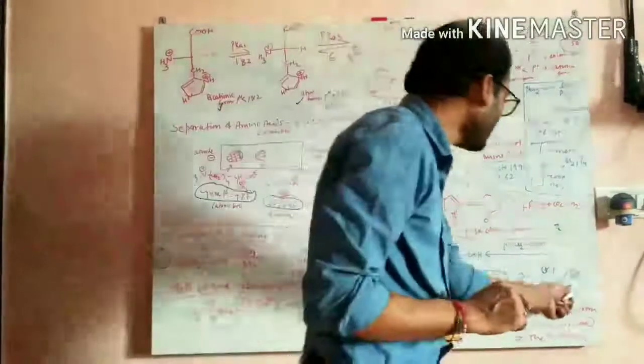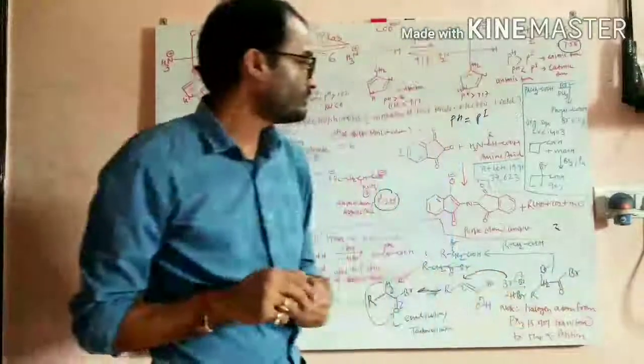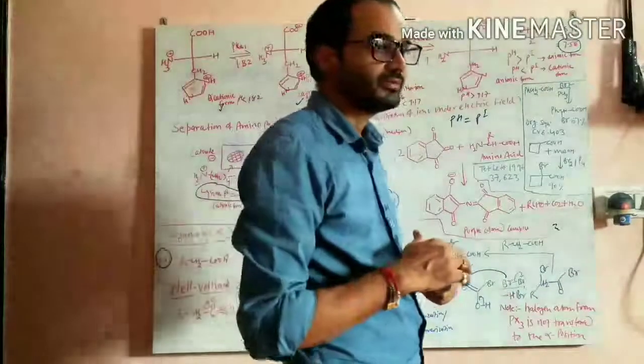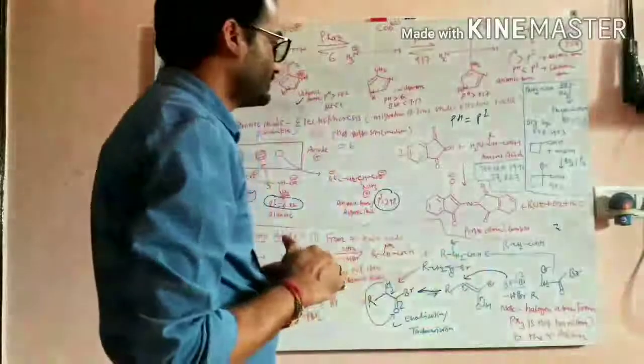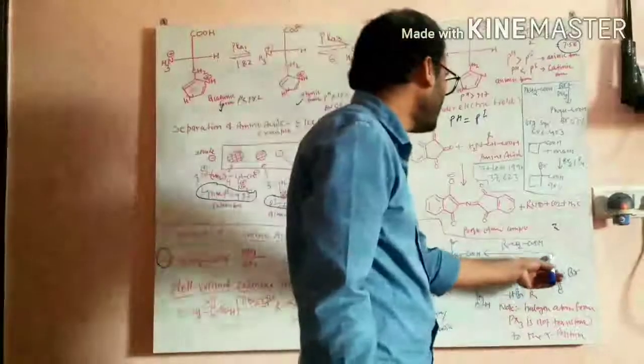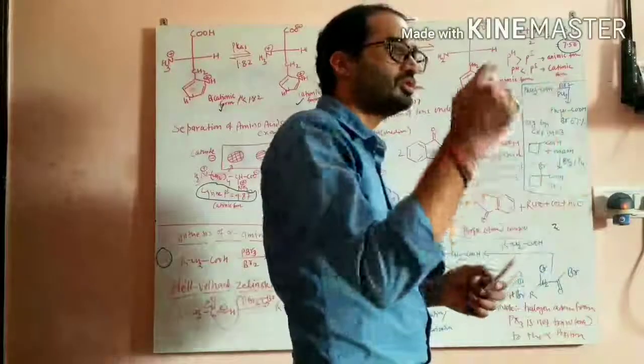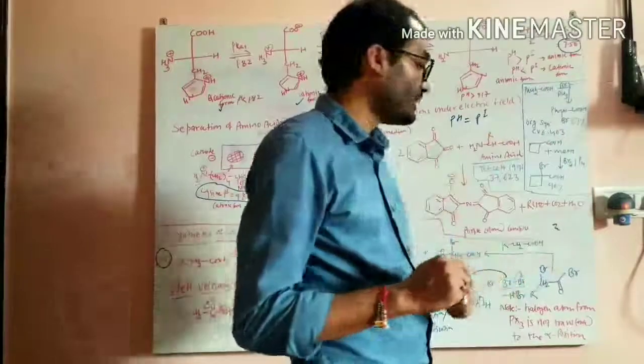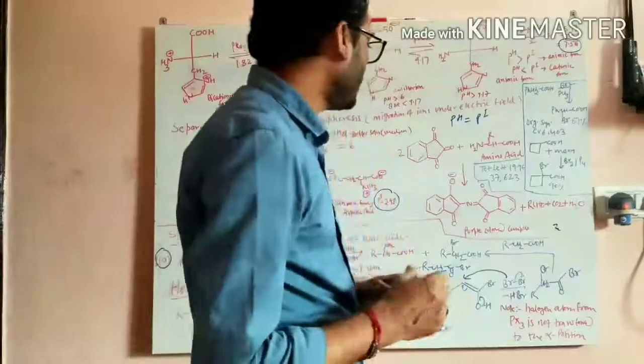Now we have this alpha bromo acid bromide. This alpha bromo acid bromide will react with another molecule of carboxylic acid. And what will happen?